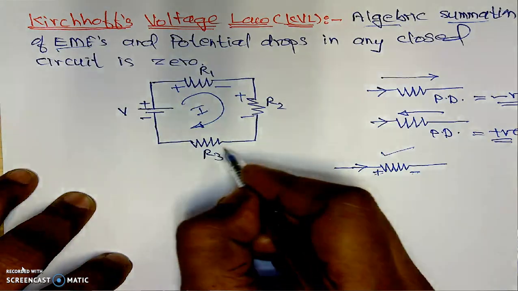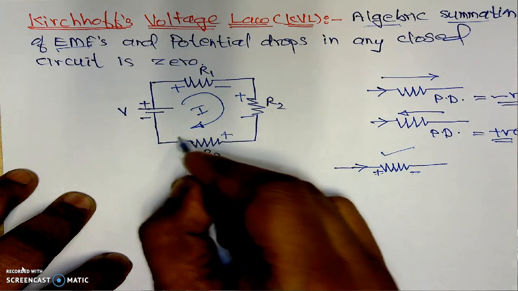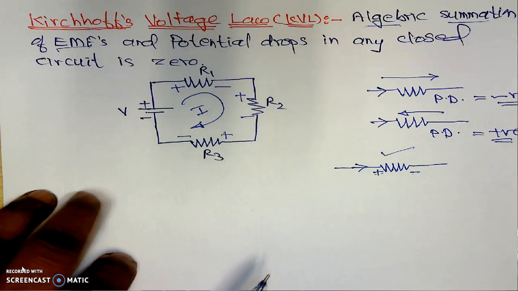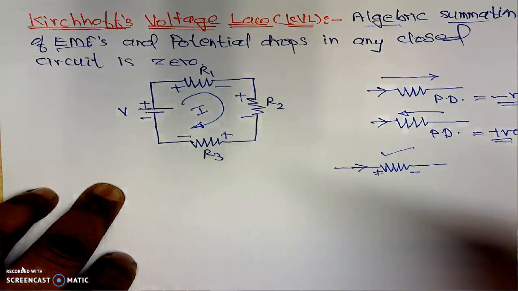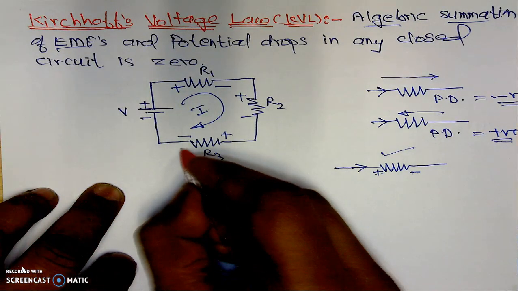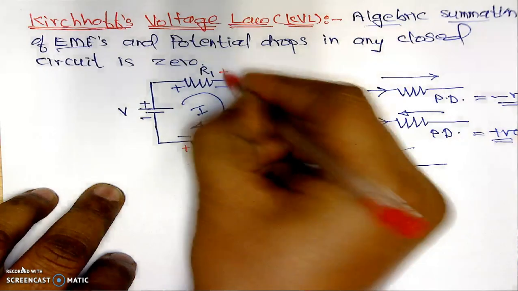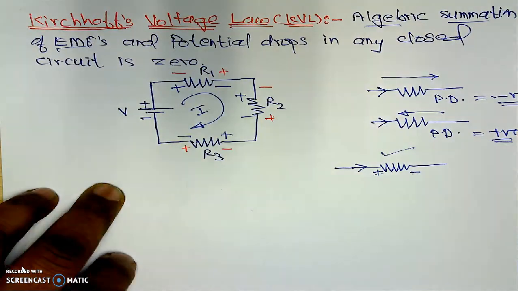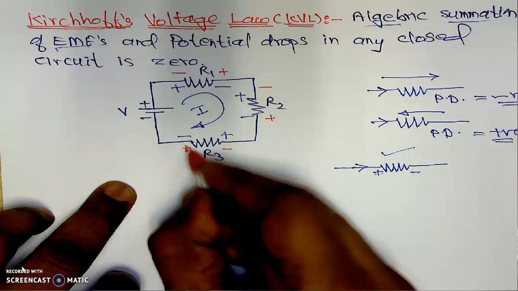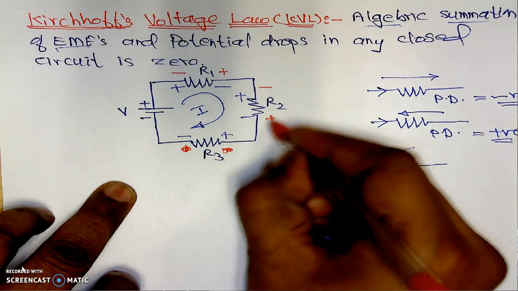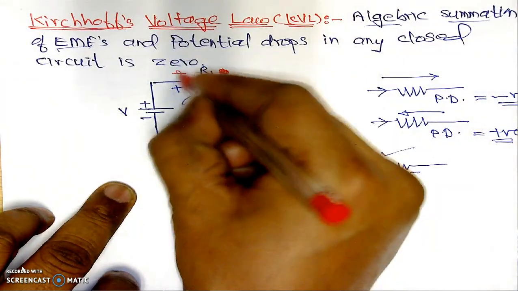For resistance R3, the current is backward, so it will be plus and this will be minus. If we had taken the current direction as anti-clockwise, the signs would be reversed, and accordingly we could apply the KVL. But here I have taken the direction of the current as clockwise, and accordingly I have marked the polarities.